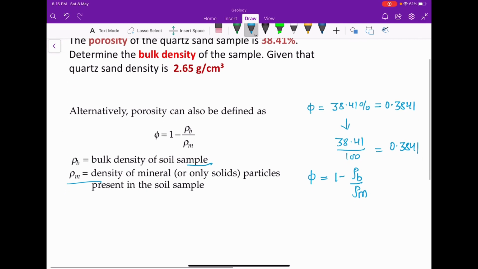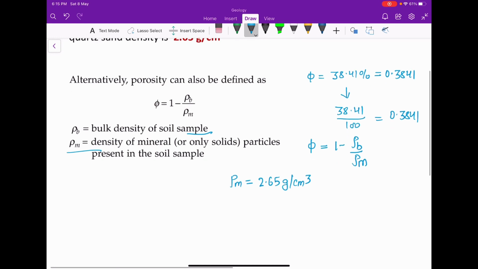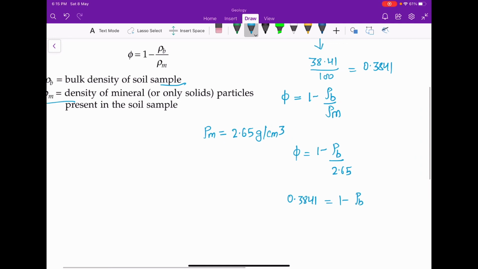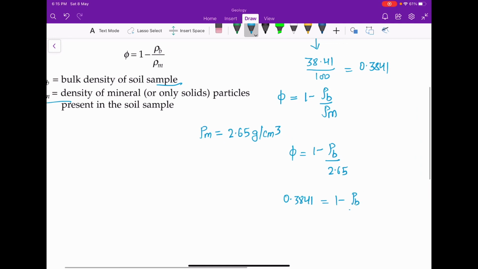Given that rho m, the quartz sand density, is 2.65 gram per centimeter cube, and phi is 0.3841, so 0.3841 equals 1 minus rho b divided by 2.65.